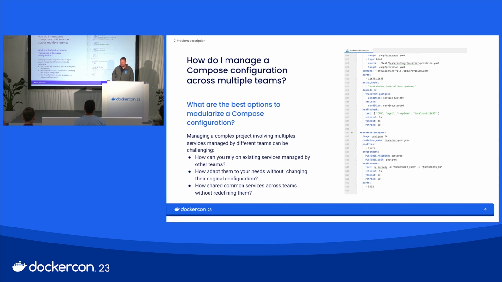And how can I use a Compose file written by my teammates without changing the original configuration, but maybe I want to adapt it for my needs? And how can we share common services that will be used across multiple services, such as, I don't know, message queue, shared database, stuff like that.